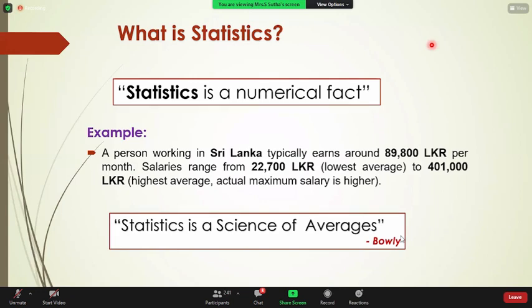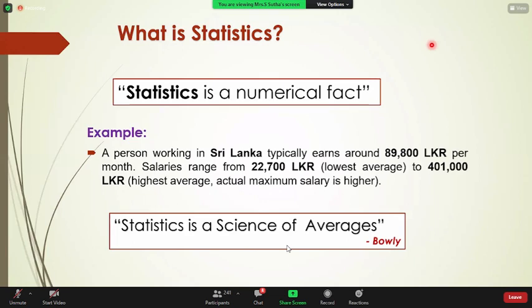Not reason, ma'am. So why did you put this answer? Why did you put this as an answer? Numerical practice. That is a numerical fact.